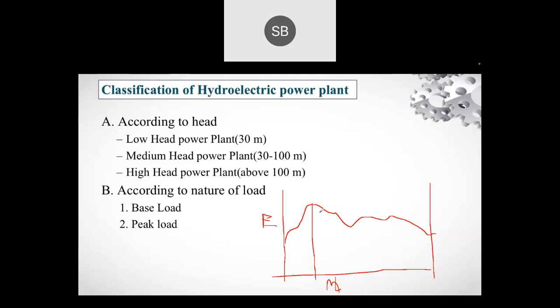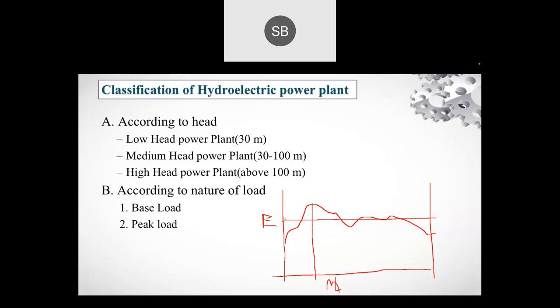At a particular month or on a particular day, this consumer requires maximum energy, and all year around it requires less energy than the maximum load. This one is the average energy, or average load, required by the consumer.